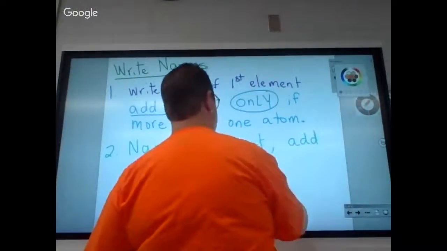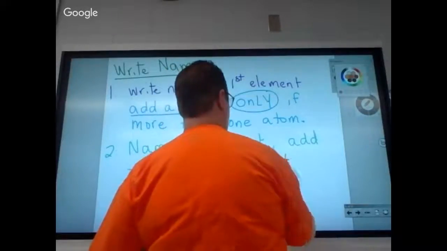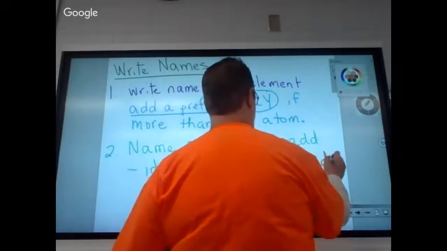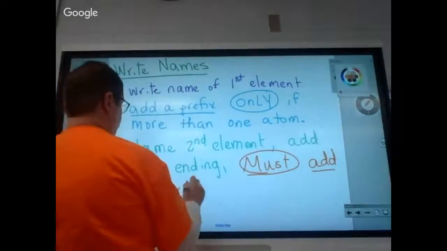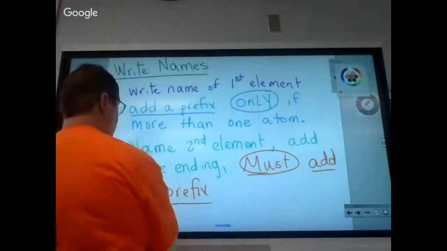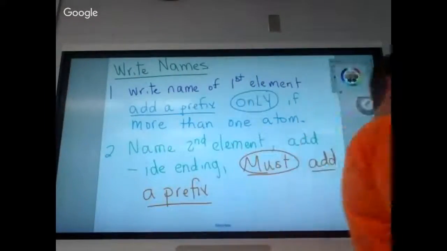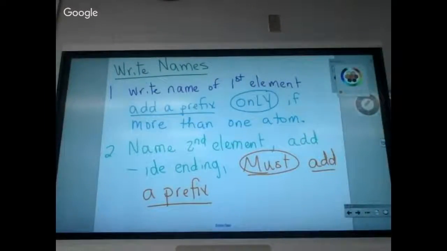And you must add a prefix. It does not matter how many atoms you have. It's irrelevant. In the second name, you add a prefix. Even if there's only one, it gets a prefix.